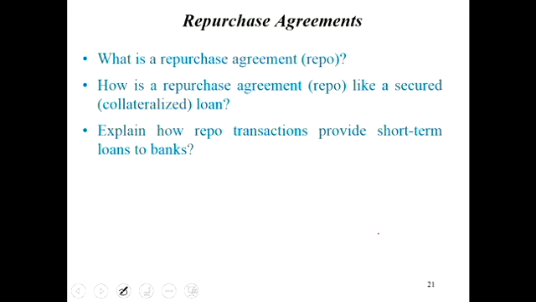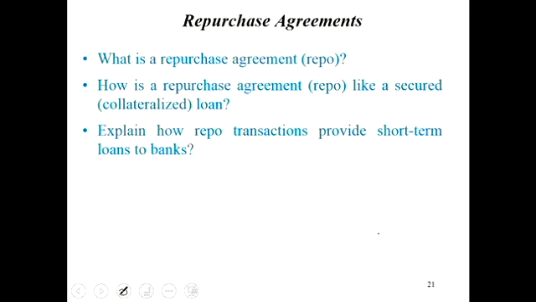So here's two banks, A and B. Let's say this one is low on liquidity, and they're going to cure their problem with a repo. They will have some securities on their books.